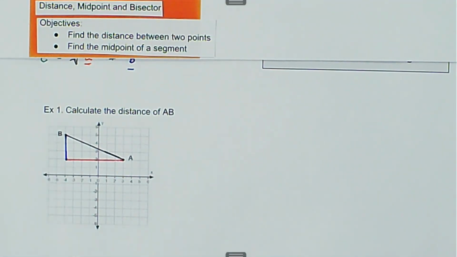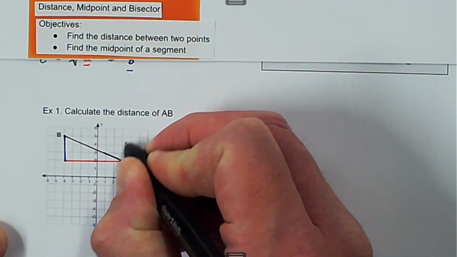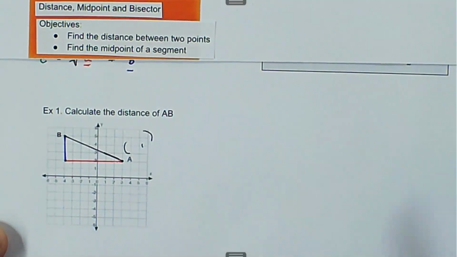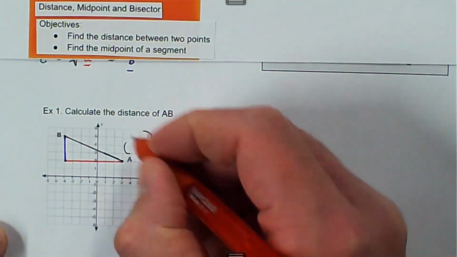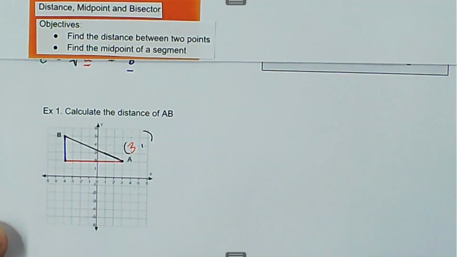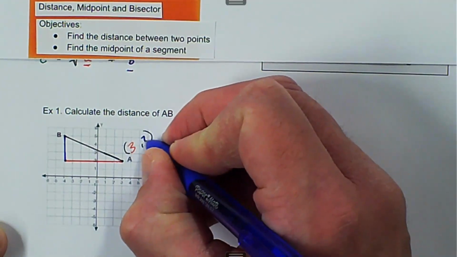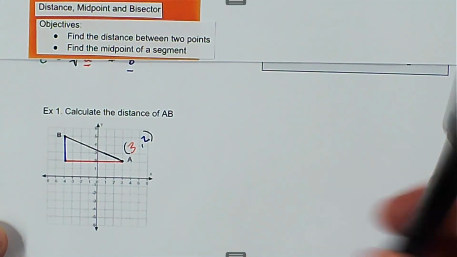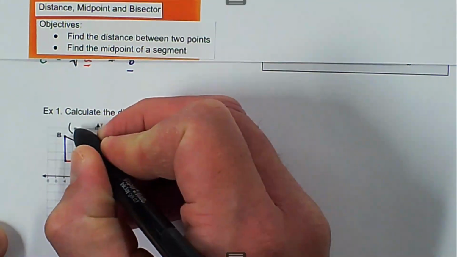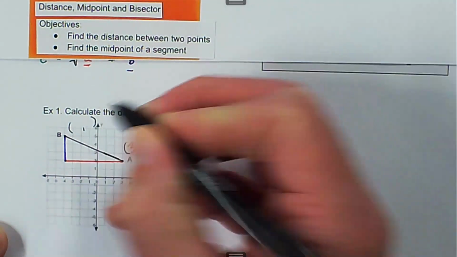All right, so our coordinates for point A, we have the coordinate 3, 2. And for B, we have the coordinate -4, 5.